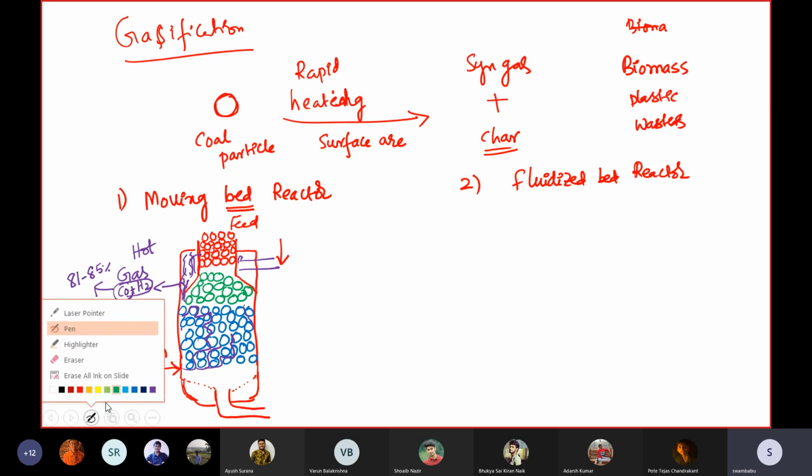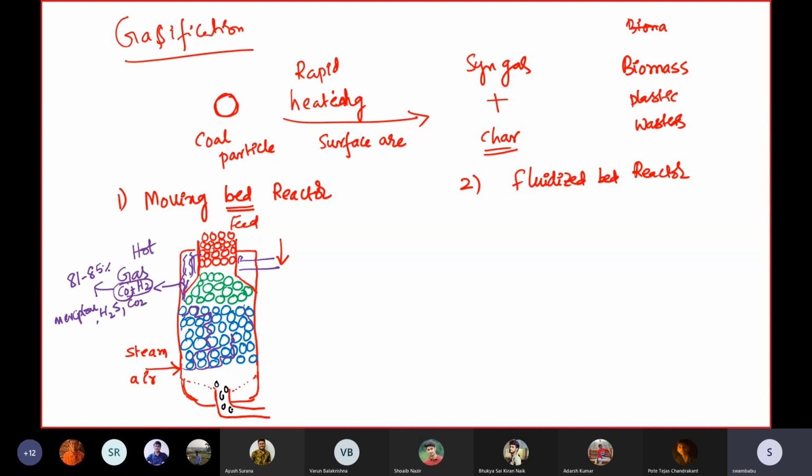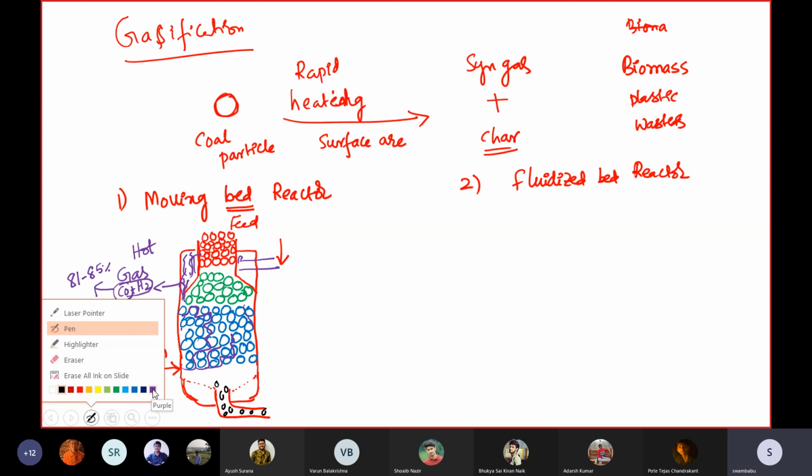After the gasification, whatever unconverted particles remain are taken out as char. And if something is very, very fine, the fine particles are collected, and that can be used as slag. That way the moving bed gasification reactor will be working.